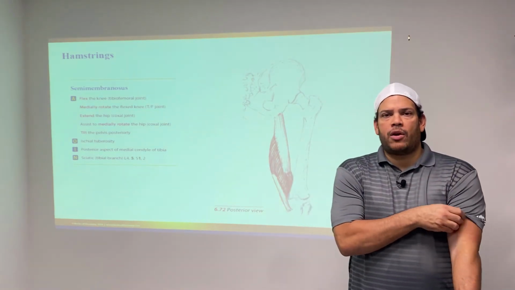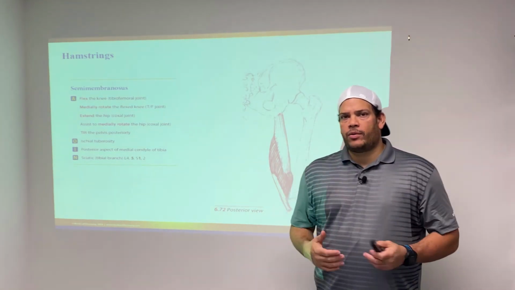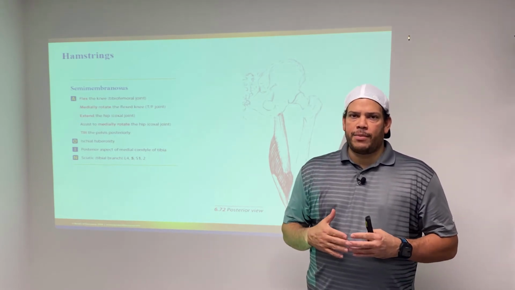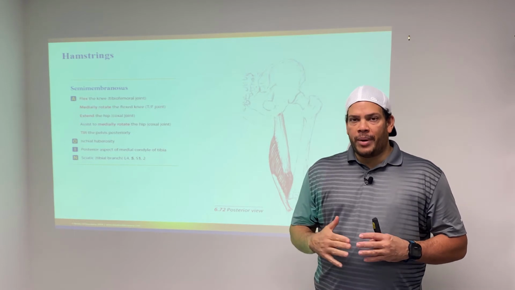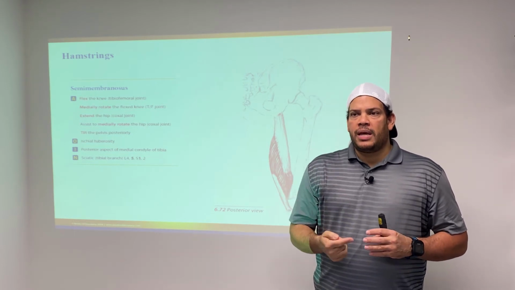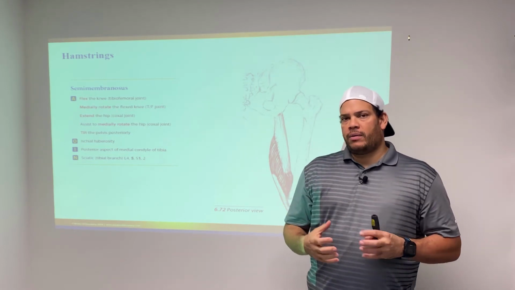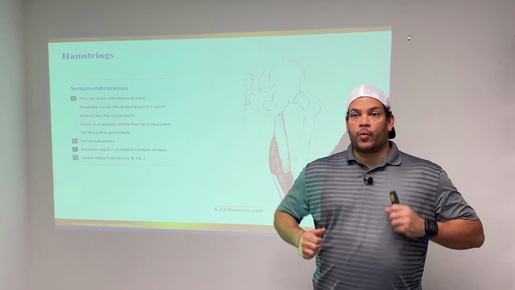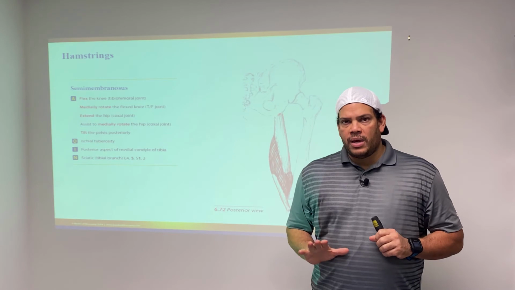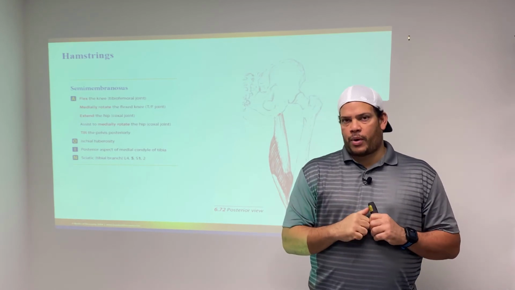When you look at the entire muscle group, one thing that we have to be aware of is that the hamstrings perform extension of the hip and flexion of the knee, but when you're moving, the functional aspect of the hamstring is to decelerate. When you're running and you want to slow down, it's the muscle that basically puts the brakes on.